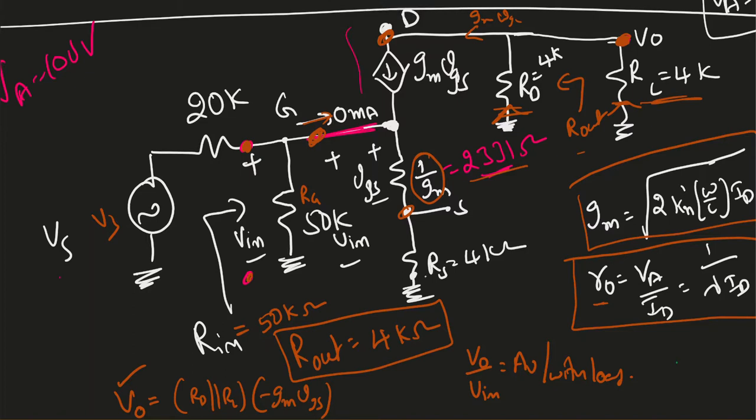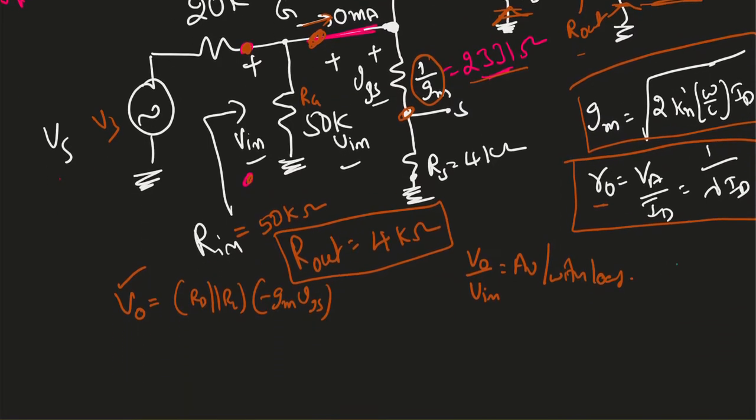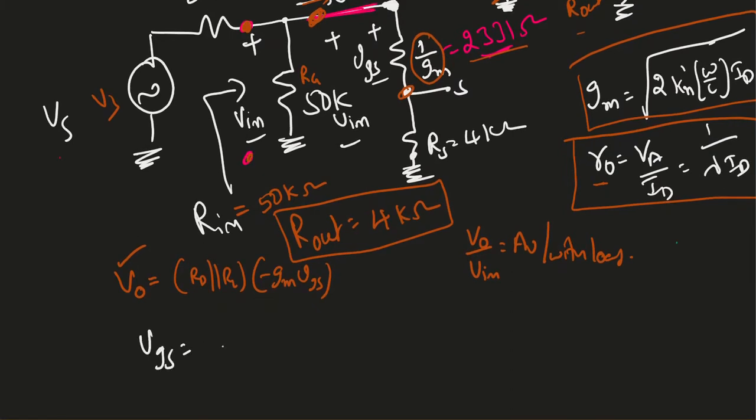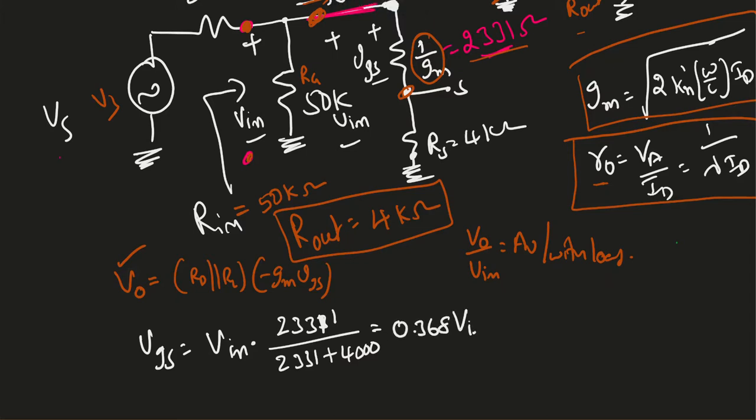So if this voltage is total input voltage, based on this I can define VGS by using the voltage division rule. So my VGS must be total voltage Vin times same resistance 2331 ohms divided by total resistance 2331 plus 4000. This value is 0.368 Vin. So VGS I can replace with 0.368 Vin.